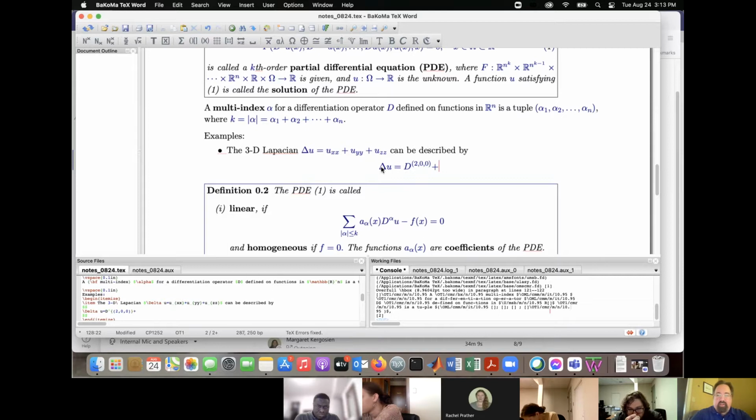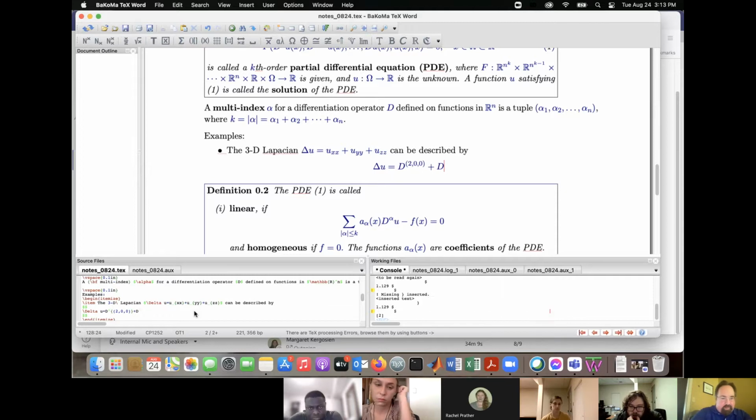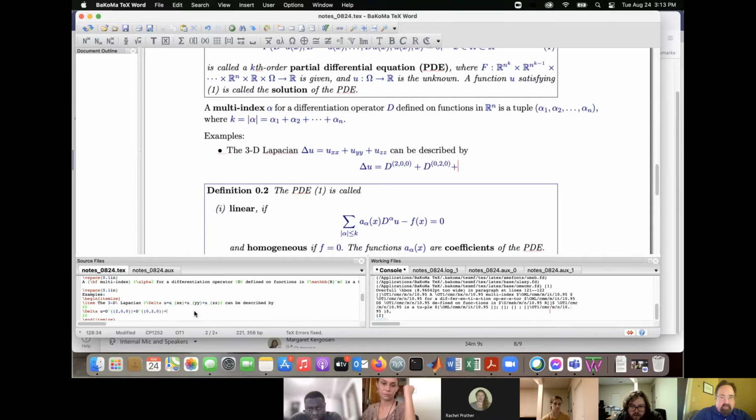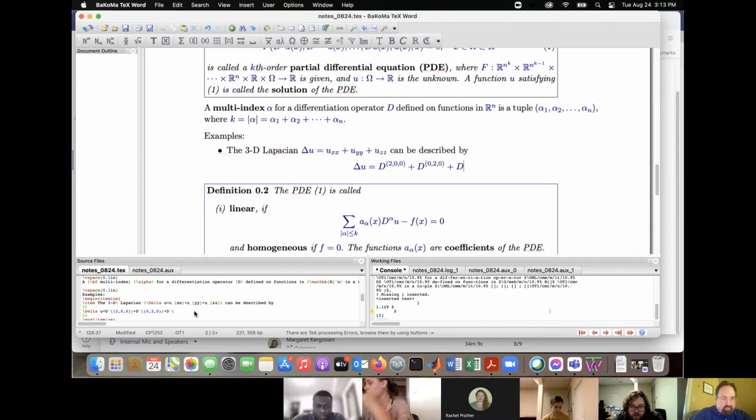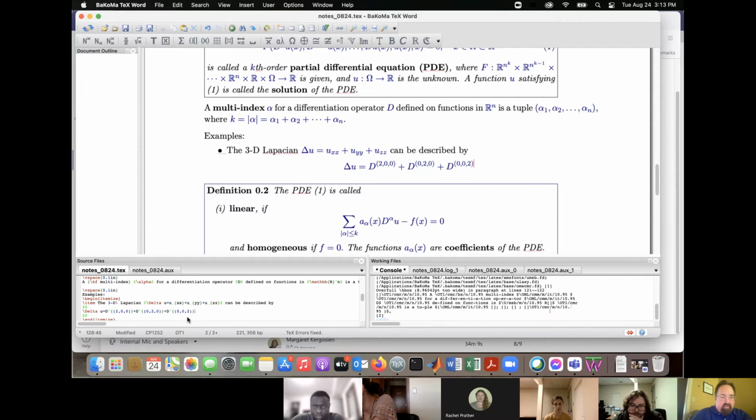Can anyone tell me what operator I would have next for handling uyy? D020? Yes. So again, three indices. And then this would handle z.